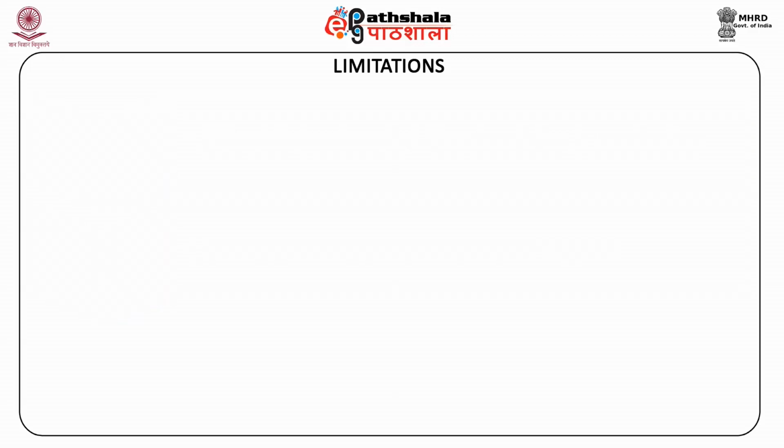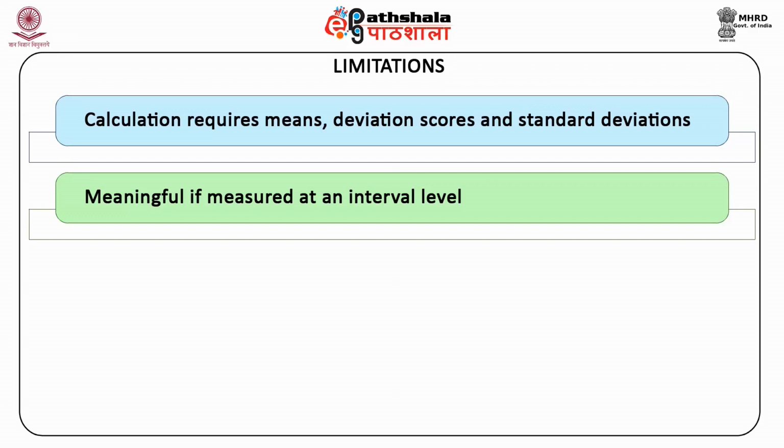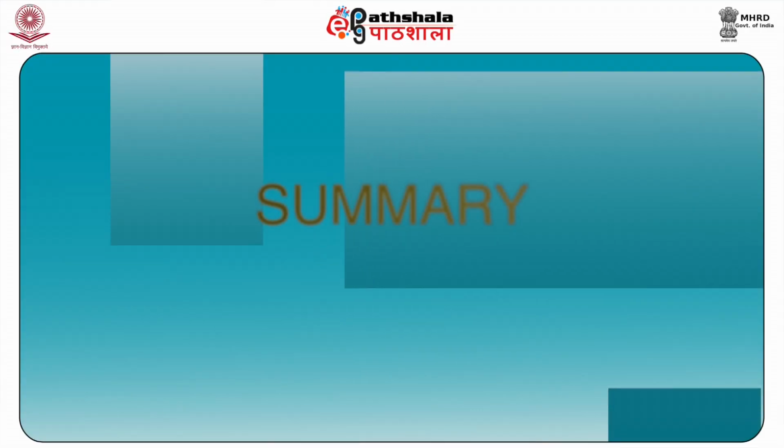Fourthly, as the formula shows, the calculation of Pearson's r requires the computations of means, deviation scores, and standard deviations, all of which is only meaningful if the variables involved are measured at an interval level. Lastly, Karl Pearson's r is very sensitive to outliers. That is to say, its value can be drastically influenced by a few extreme values.